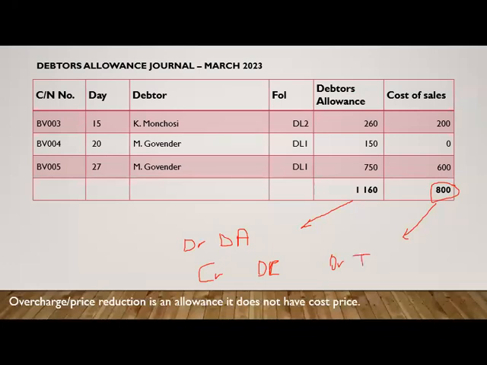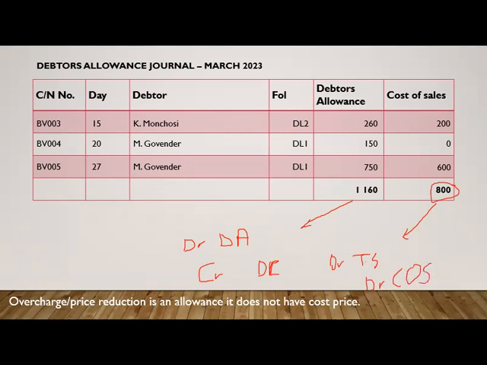The reason why I'm recording it on the debit side of trading stock is because I'm getting stock back. My customers have returned goods, so I'm getting that stock back. And because cost of sales only increases when we sell, now it will decrease by the cost price of goods returned.